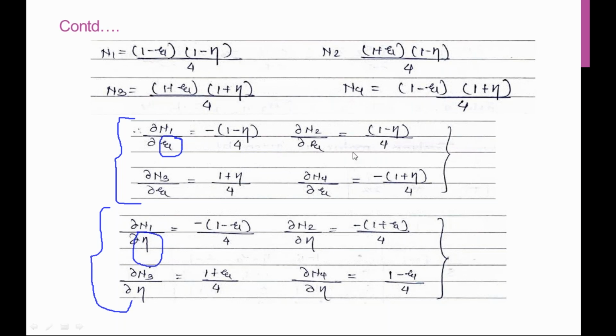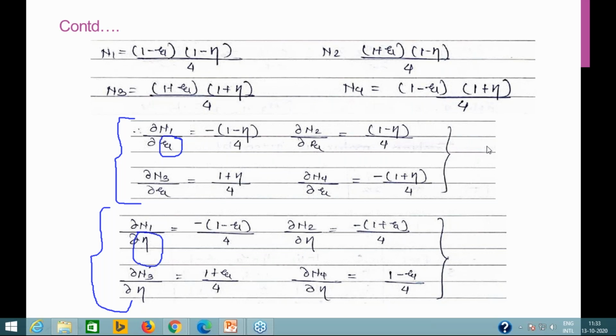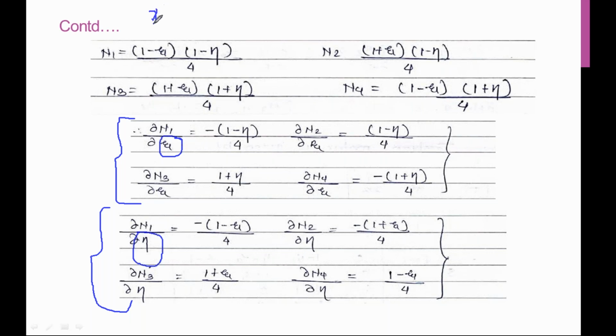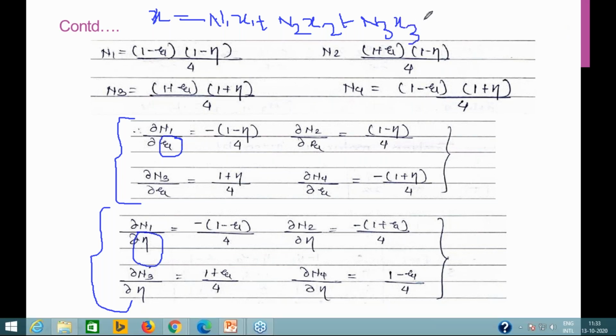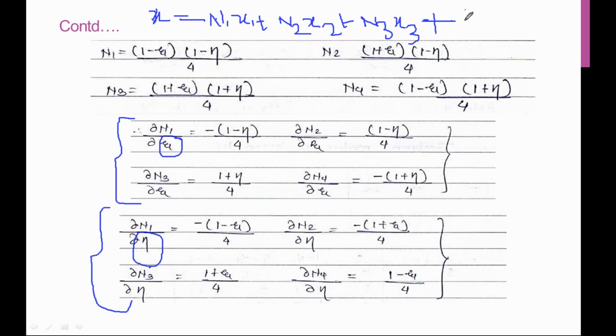Then, according to the isoparametric formulation for the rectangular element, x is equal to, just pay attention here, n1 x1 plus n2 x2 plus n3 x3 plus n4 x4.